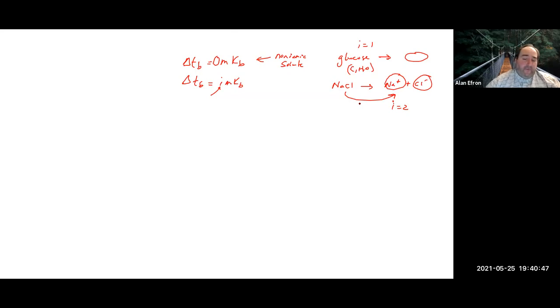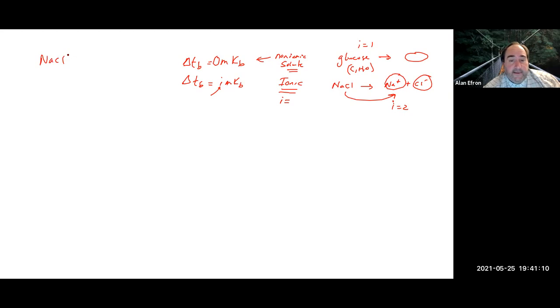So the first important thing is to identify whether the solute, whatever is being dissolved in that solution, is ionic or non-ionic. And if it's ionic, you need to figure out what the i value is. So let's say we had a sodium chloride solution.